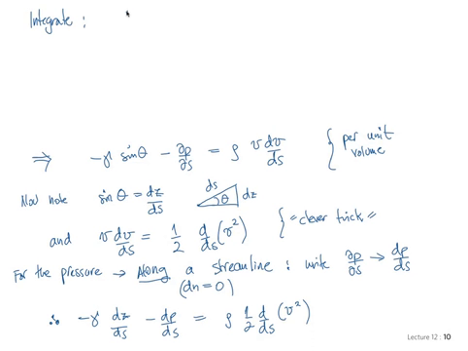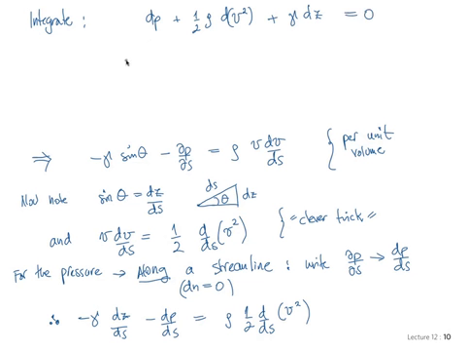I'm going to put everything on the same side because these minuses bother me, so I'm going to put everything on the right. So we have dp, we have, did I forget my rho? No, 1/2 rho d v squared and gamma dz equal to 0.